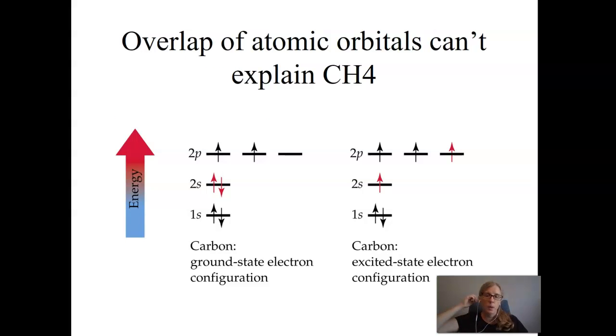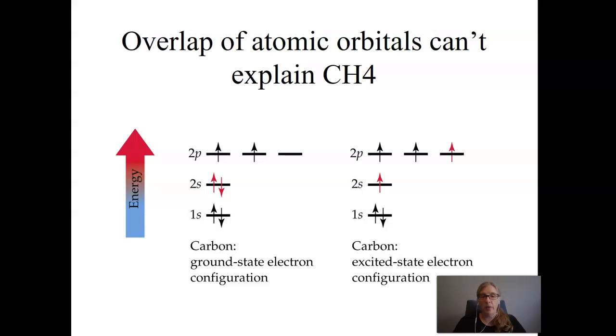So that relatively simplistic image of the atomic orbitals overlapping to become the covalently bonded orbitals begins to fall apart in some more complicated molecules. And so methane, or CH4, is a great example of that.